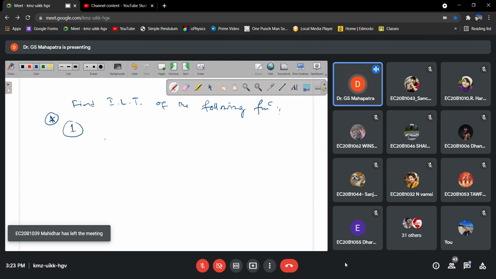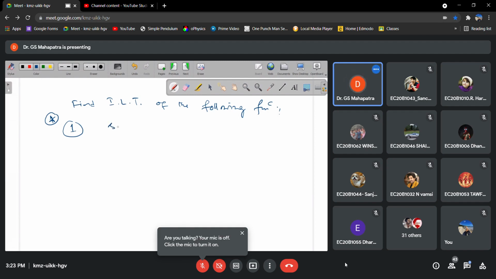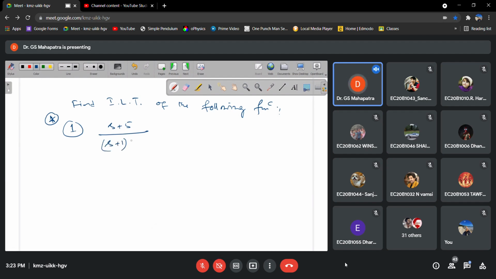Number one, a little bit easy: (s plus 5) by (s plus 1) into (s minus 3). Second one: (3s square minus 7s plus 5) by (s minus 1) into (s minus 2) into (s minus 3). Third one, total 4 I will give.